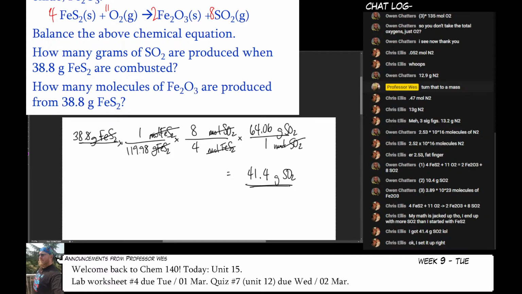All right. How many molecules of Fe2O3 are in this? Now, because we're doing all of this stuff, again, none of this has changed, so we'll just copy and paste it.